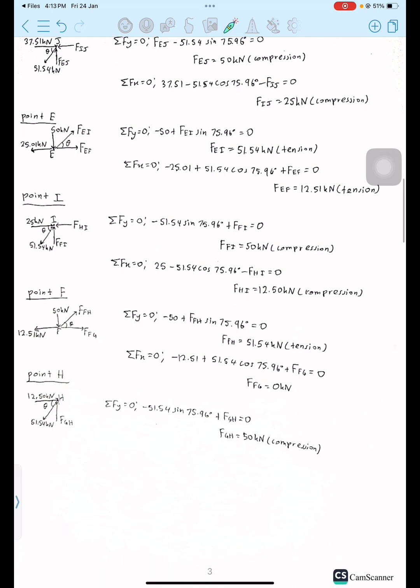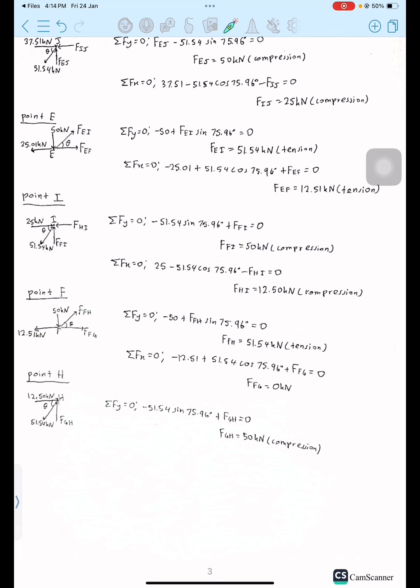FEI equals 51.54 kilonewton, and it is tension. Summation Fs equals 0. We'll have negative 25.01 plus 51.54 cos 75.96 plus FEF equals 0. The answer will be 12.51 kilonewton and tension.